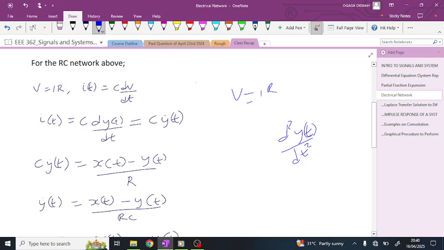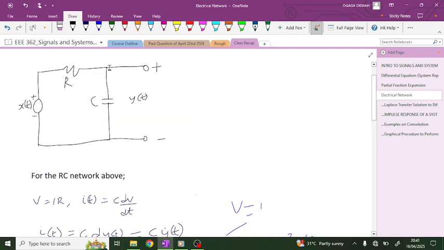If you make I the subject of this formula, this guy goes off. So I equals V over R, and the voltage is the output voltage, the arrow, of course, which is this one.